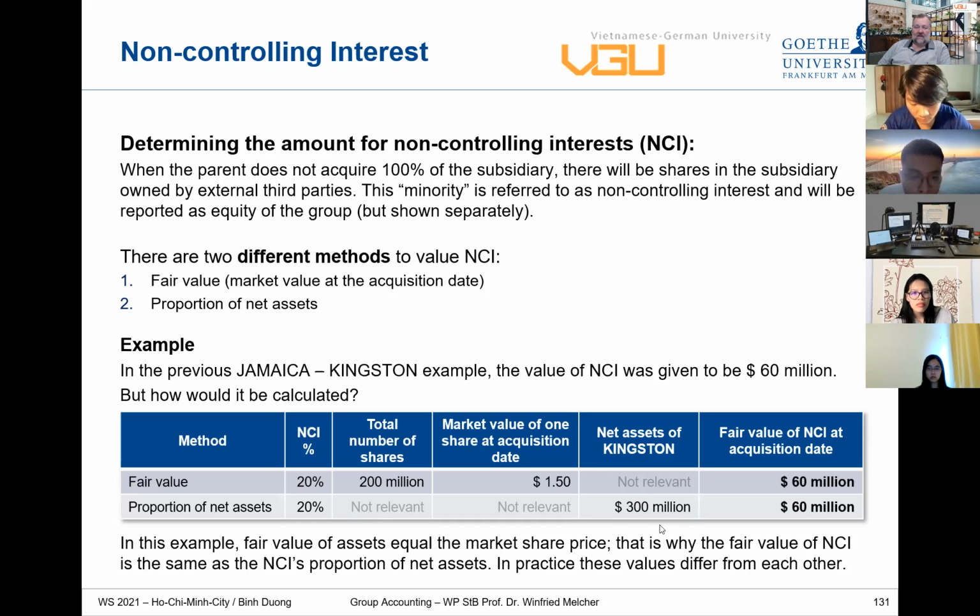The problem in practice is also that we know the book values of the company, but as a shareholder of Kingston, we don't know the net assets of that company. We don't know the hidden reserves in inventory and in fixed assets. So we would never be able to set up the net assets at fair values.